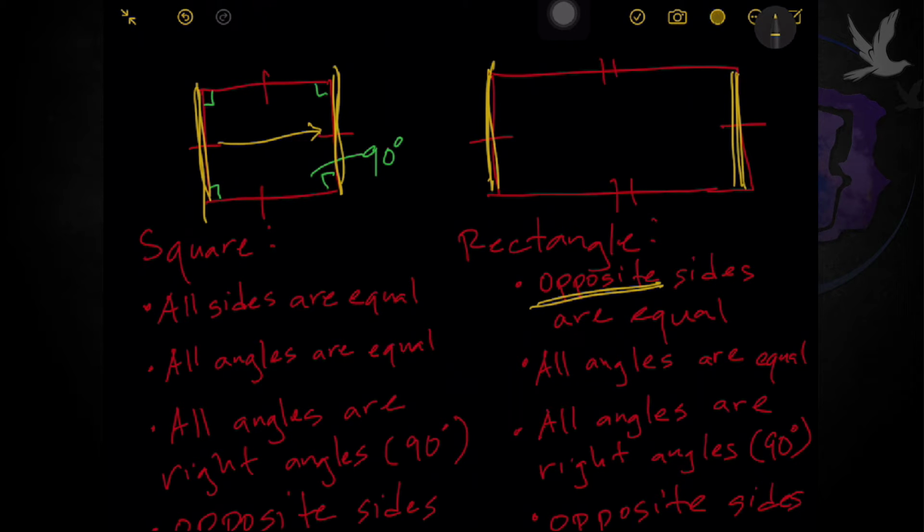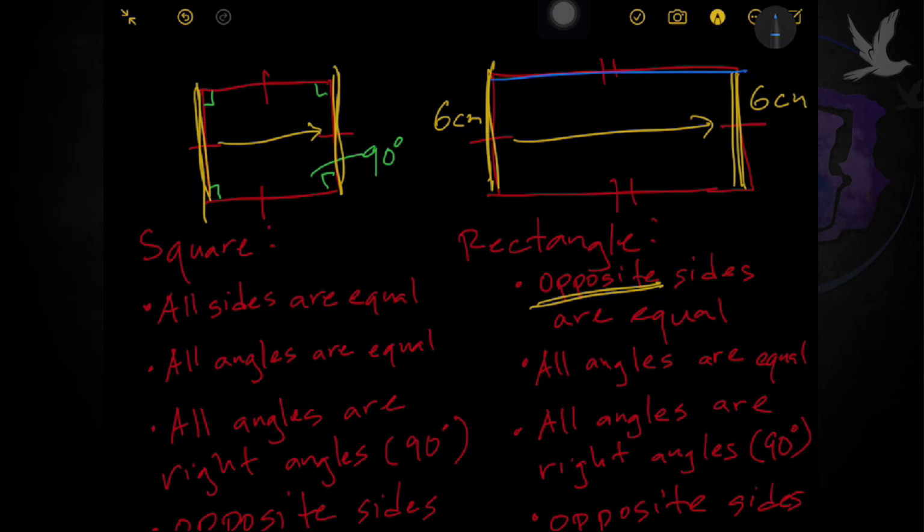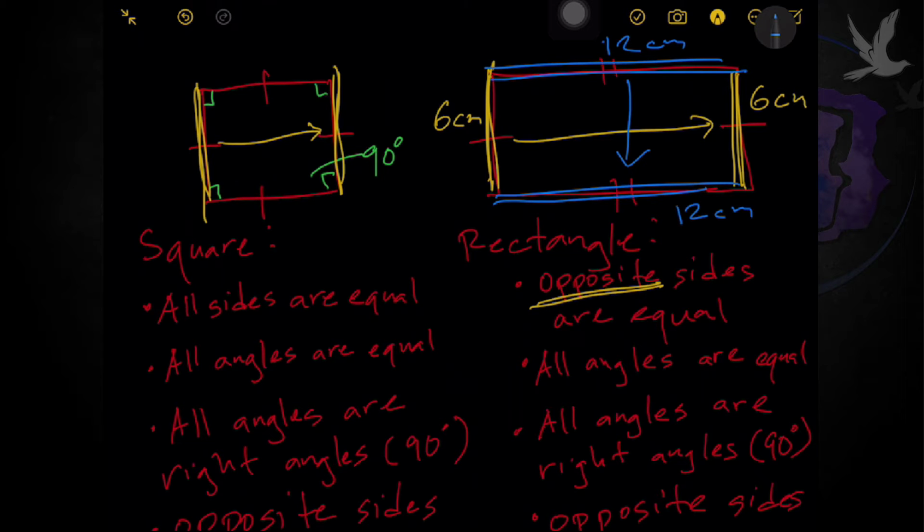So no matter what the length is here, for example, if this measures 6 centimeters, the other side should also measure 6 centimeters. Okay? And if this side measures 12 centimeters, the opposite of it should also measure 12 centimeters because opposite sides are equal.